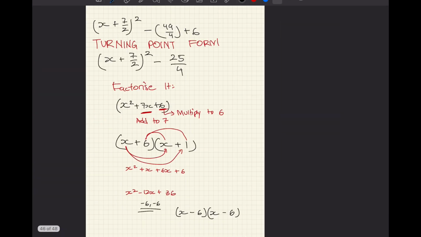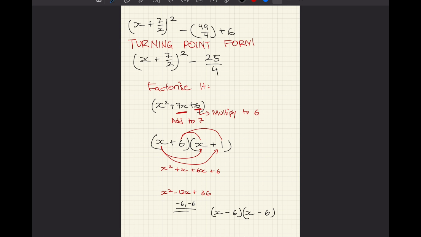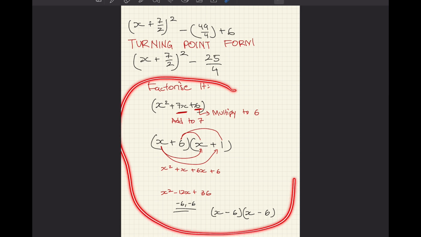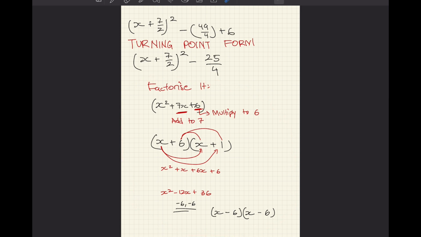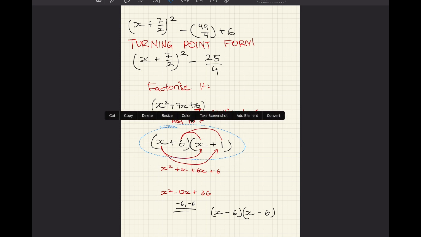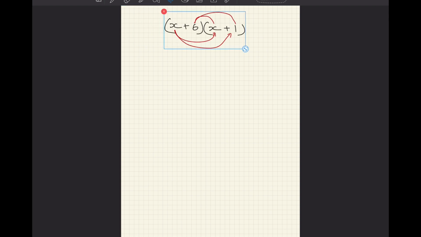Now there is another way to solve this. If we go back to when we factorized, and we take the result we produced, x + 6 and x + 1, for the same answer, we get y equals (x + 6)(x + 1).